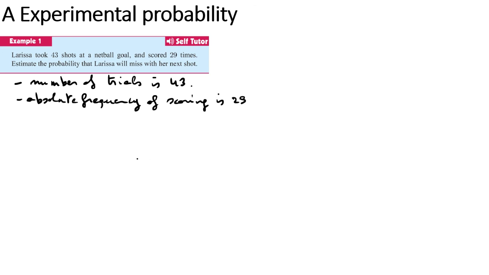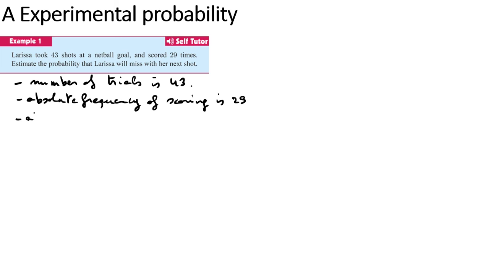Out of this information, we can say that the absolute frequency of not scoring, in other words missing, must be equal to the 43 minus the 29, because she tried 43 times and succeeded 29 times, so she failed 43 minus 29 times, which is 14 times.